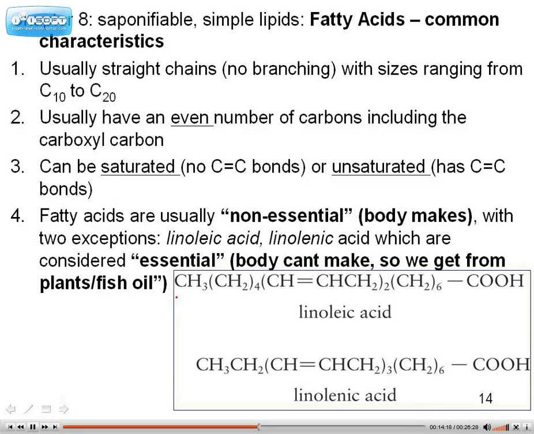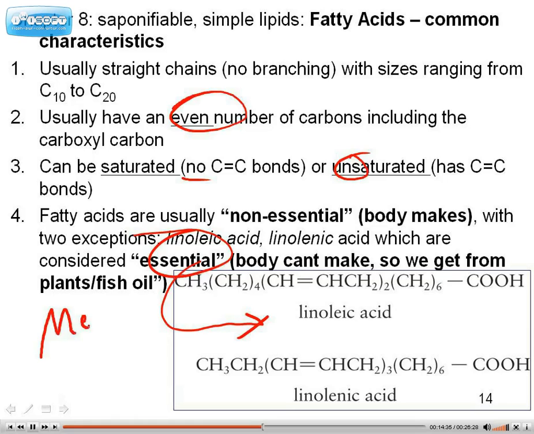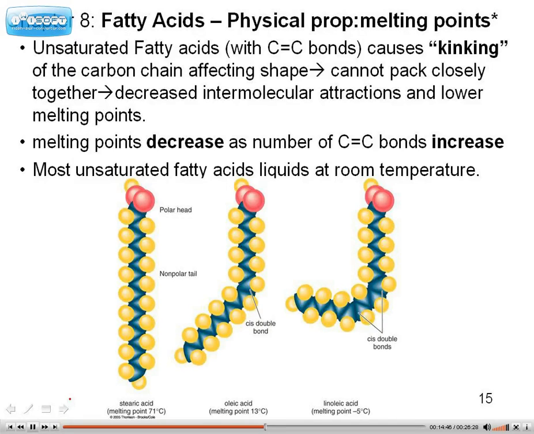All of these are even numbered carbons, and obviously they can be saturated, such as stearic acid, or they can be unsaturated, such as the essentials, linoleic and linolenic. Again, you'll need to memorize all of these. Most of these essential fatty acids tend to be found in plants or fish oil.